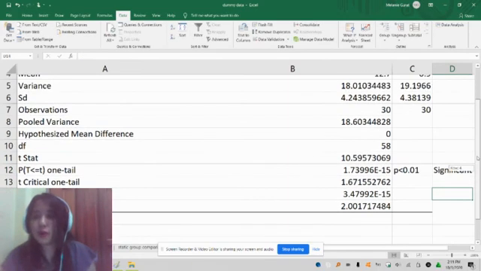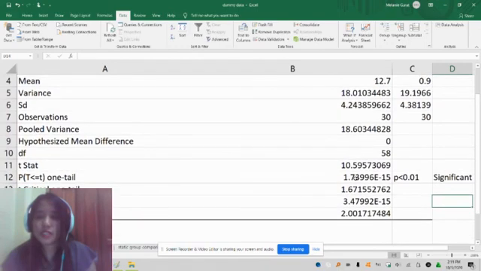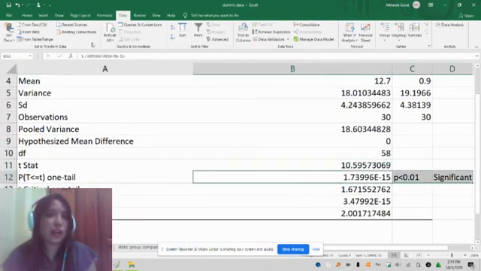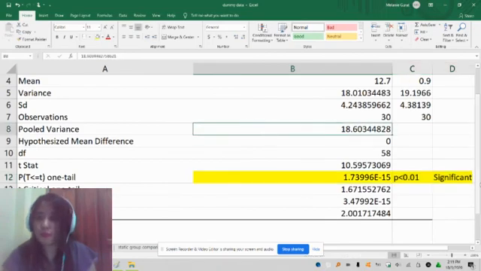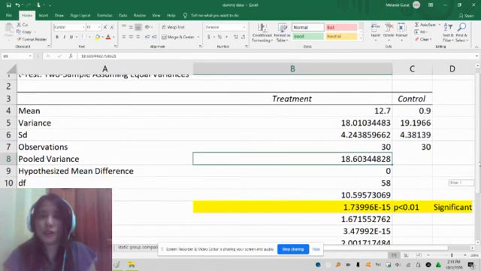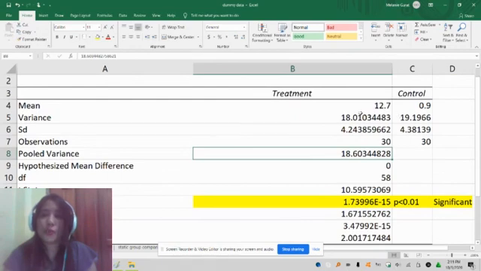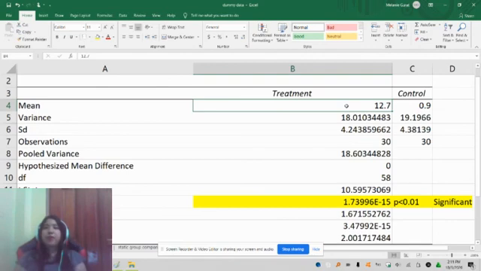So what can we conclude now? Since the result is significant, therefore, the mean gain score of the group given blended learning is higher compared to the group given the traditional or existing method.